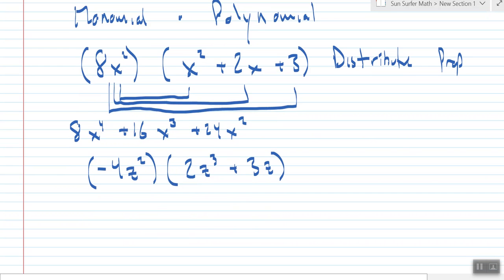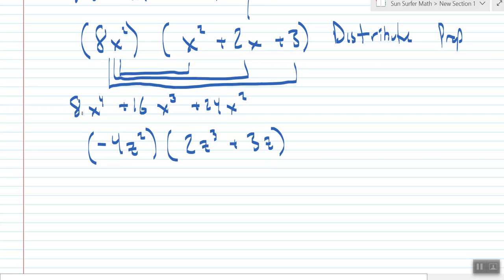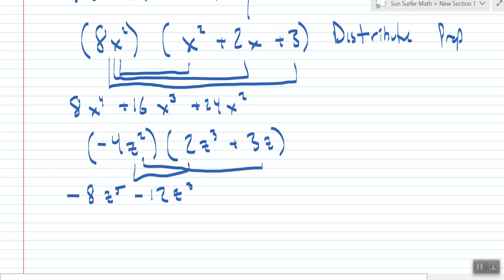Well, we're going to use the distributive property, just like we did in the previous example. Negative 4z squared times 2z cubed would be negative 8 times z to the fifth. And then negative 4z squared times 3z is going to be what? A negative 12z cubed.